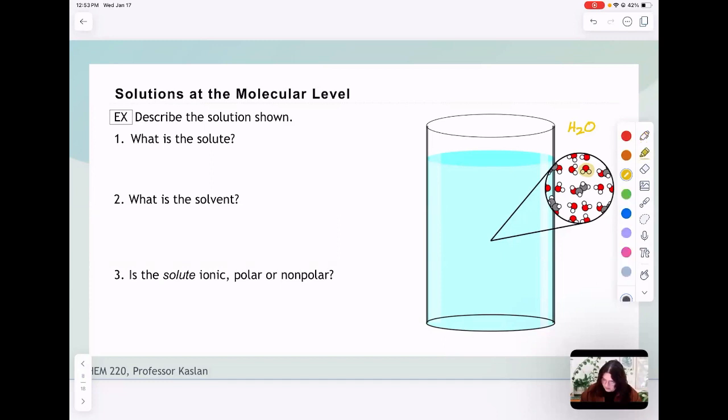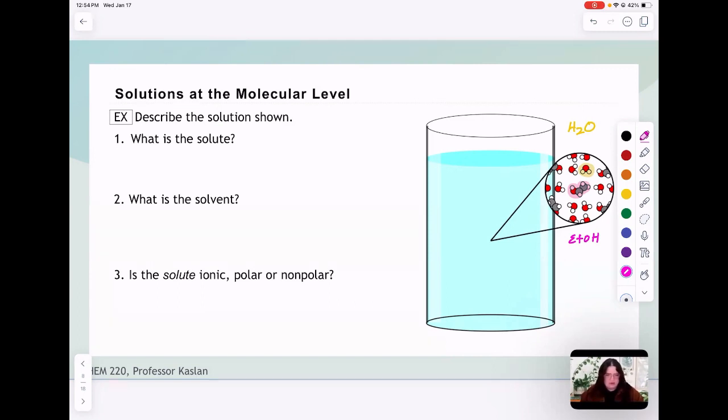I know it's a little hard to tell, probably because we're not super familiar with our organic structures, but this guy is ethanol. This is the substance that we looked at earlier when talking about polar solvents and polar solutes.